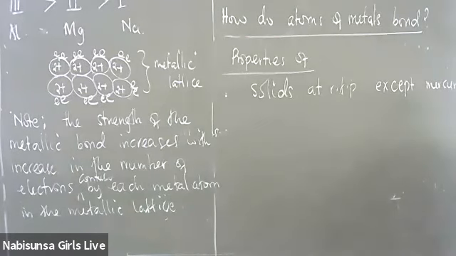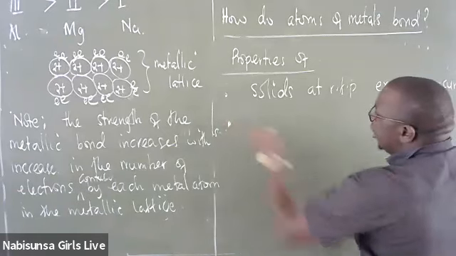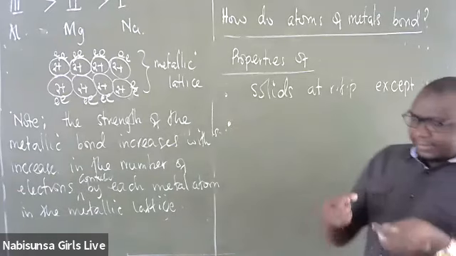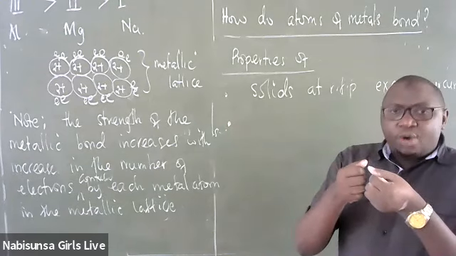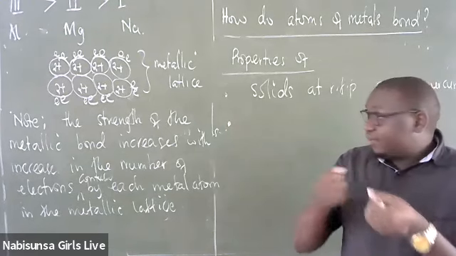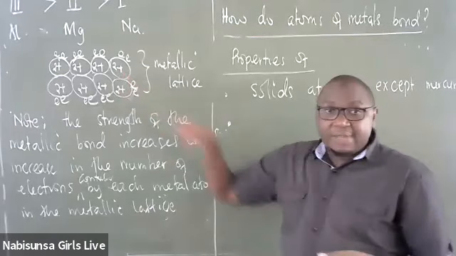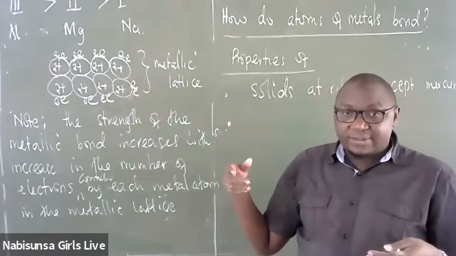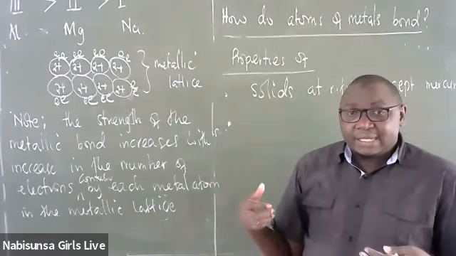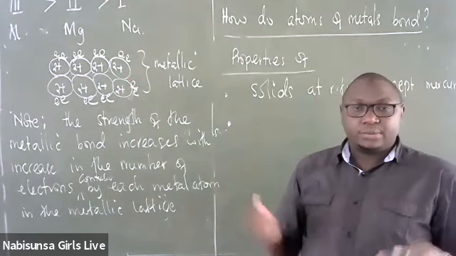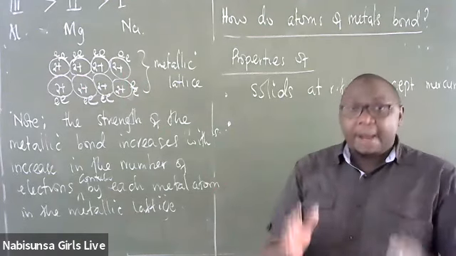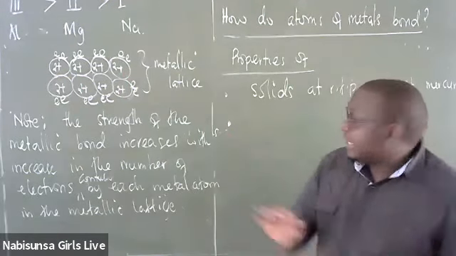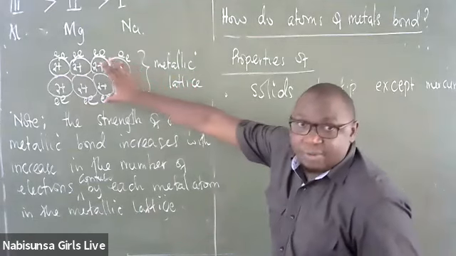Another thing that I told you about them: whenever you have these particles arranged so close to one another, and I've told you the strength of these bonds, how they are connected increases with the number of electrons. Do you think they're going to be easily broken down? No. You require a lot of heat to break particles arranged in this way.